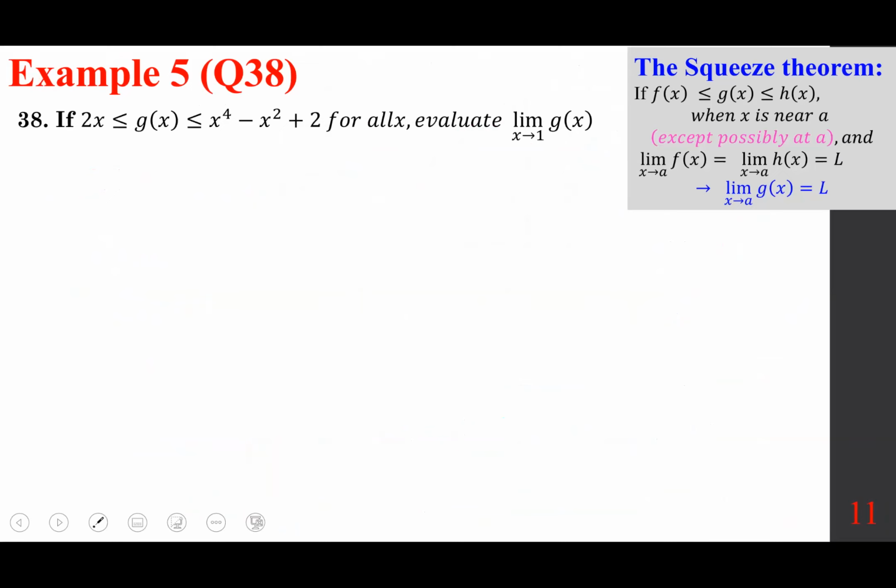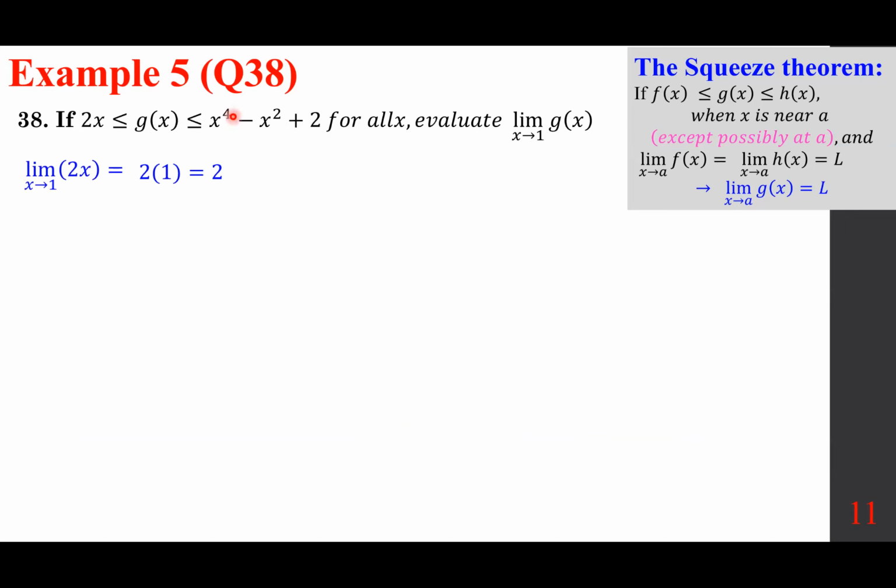As I mentioned, the Squeeze theorem basically says if this one and this one, we can find the limit, the one that is squeezed in between has the same limit. So in this case, we don't know what g of x is, but the left side is 2x. So let's take a limit of 2x as x approaches 1, because we are interested in finding the limit of g of x as x approaches 1. So 2x gives us 2.